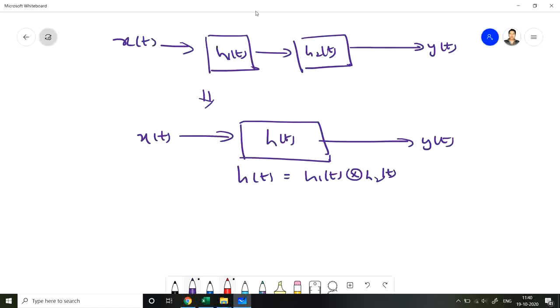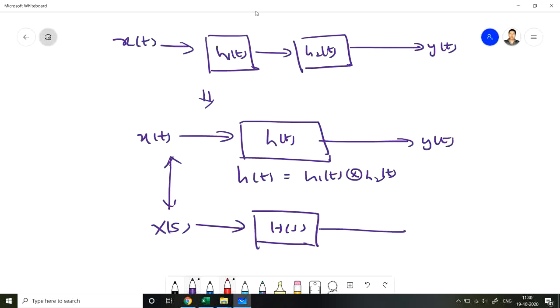So if we take the Laplace transform, then X(s) is applied to the system with system function, transfer function H(s), and Y(s) is the Laplace transform of y(t).